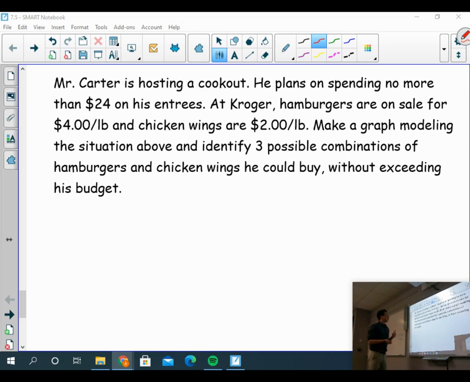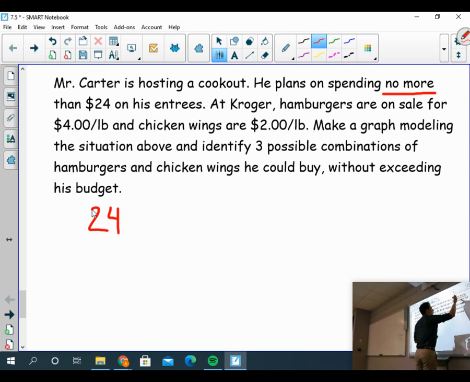Well, I'm hosting a cookout and I plan on spending no more than $24 on my entrees. So $24 sticks out to me, and not just 24, but the phrase no more than. What does no more than mean? It means 24 is the top end of my budget. So instead of writing an equation, I'm not spending exactly 24, I just can't spend more than 24.